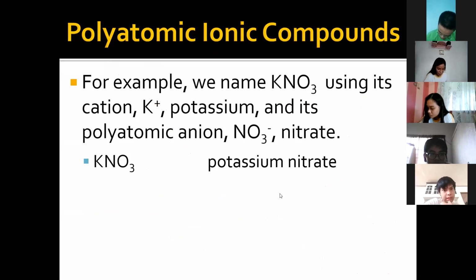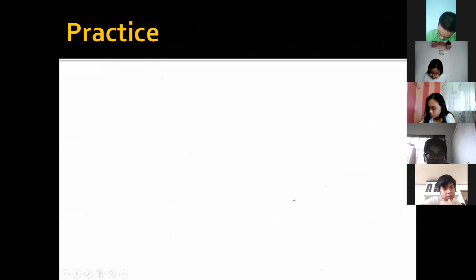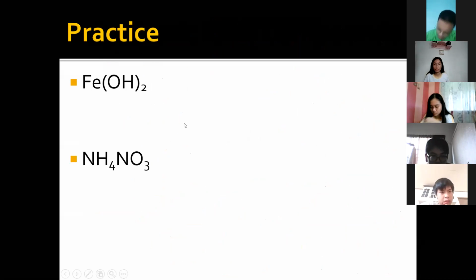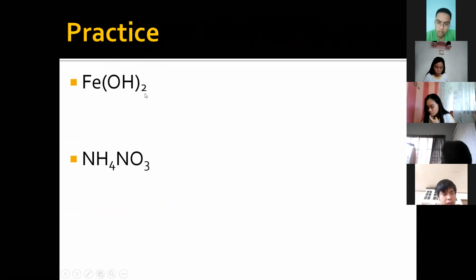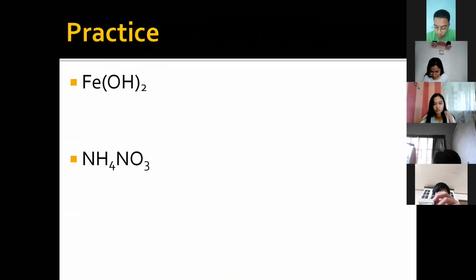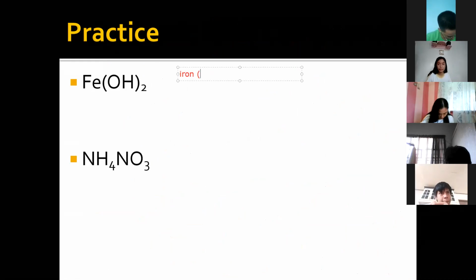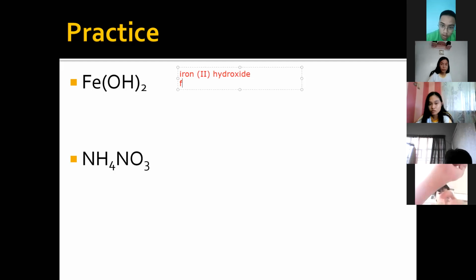For example, we have here KNO3, potassium nitrate. FeOH, class, how will you name this one? This is named iron 2 hydroxide, also known as ferrous hydroxide.